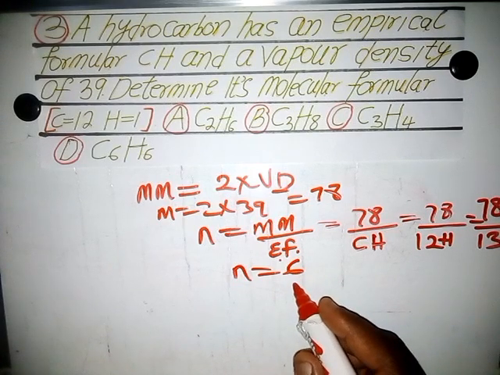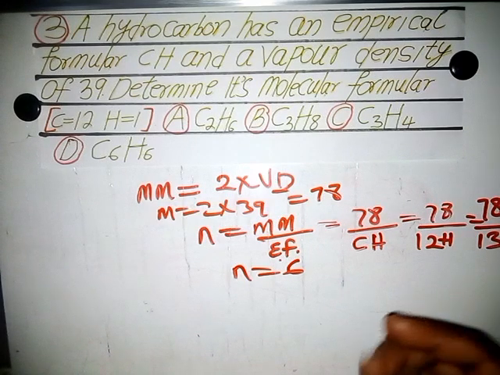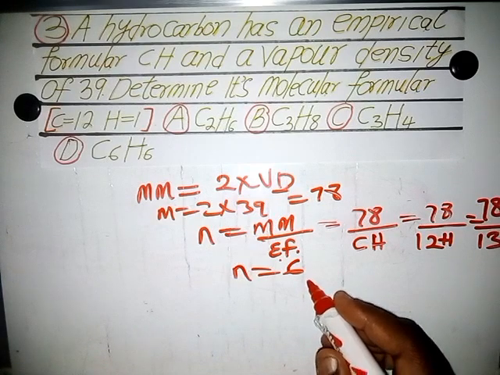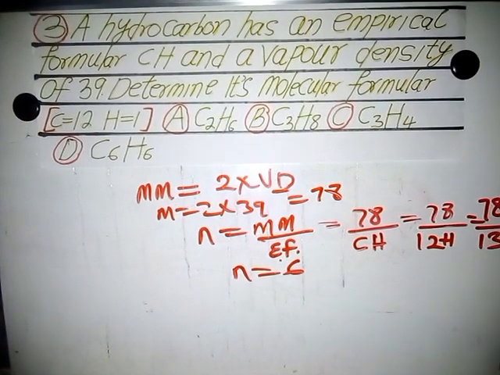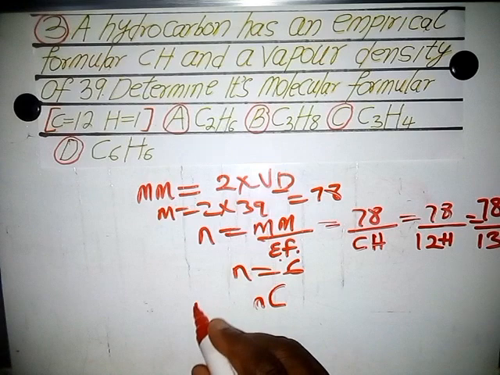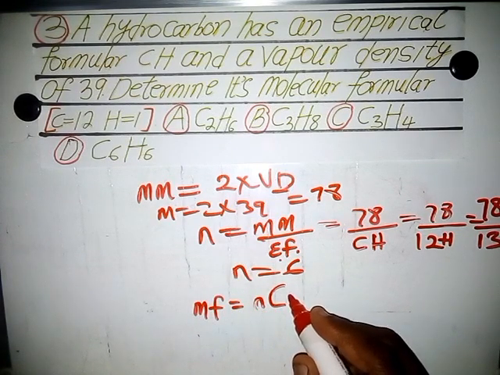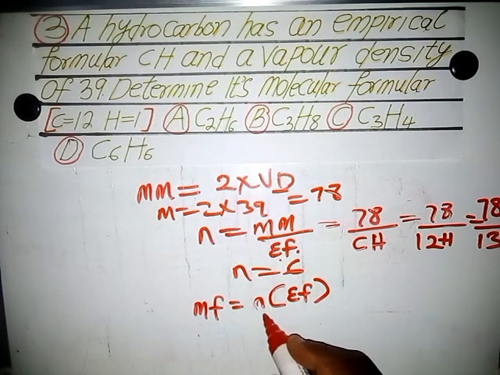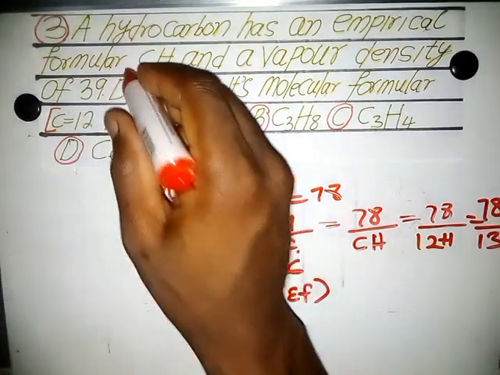So after getting this N as 6, which is the number of empirical units, you will now multiply this 6 by the CH, which is the empirical formula. Molecular formula equals N bracket empirical formula. This N is 6. Empirical formula is CH.